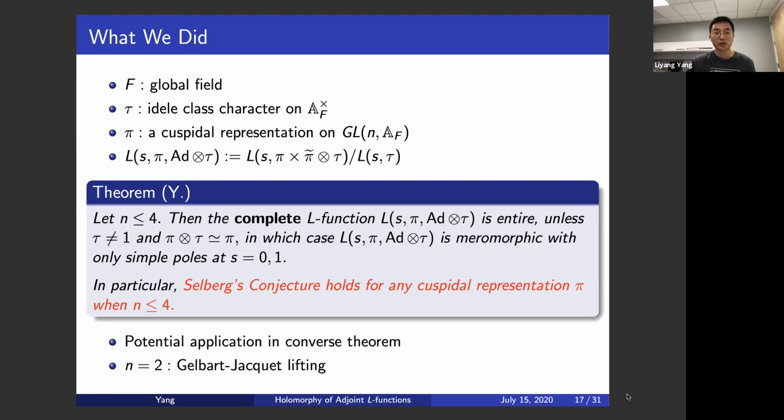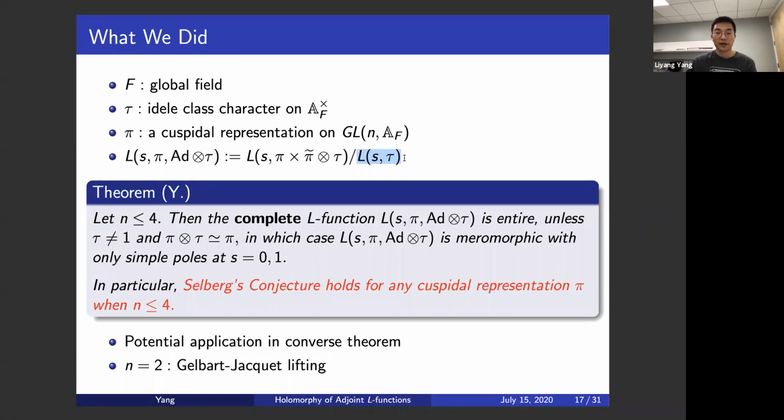And we can define the twisted adjoint L function to be this. This is the complete L function, the Hecke L function. When tau is trivial, then this is just the adjoint L function. So if n is less than or equal to 4, then the complete L function is entire, unless for some obvious reasons.